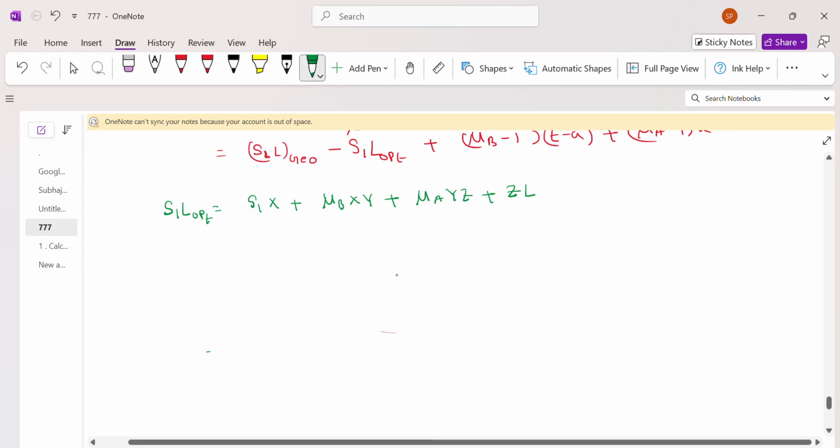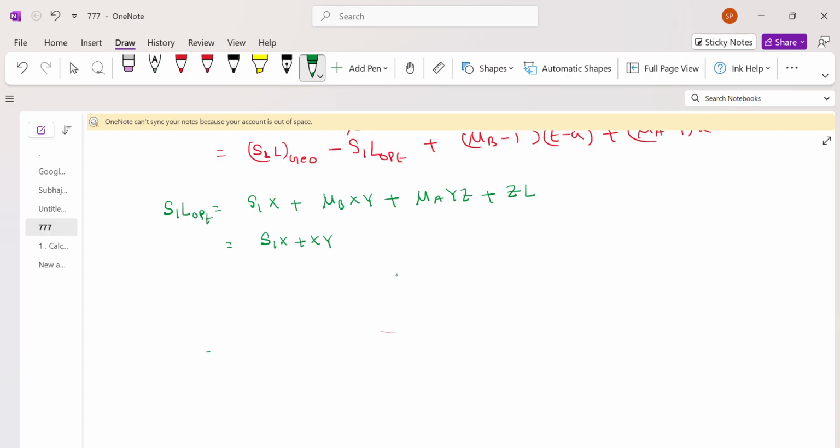Again, if I play the same trick, it will be S1x plus xy plus yz plus zl plus mu b minus 1 into xy plus mu a minus 1 into yz.